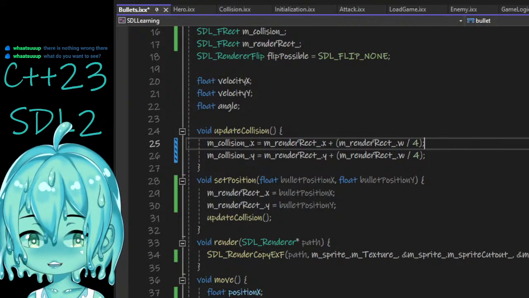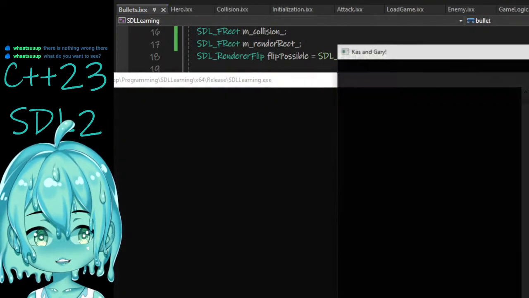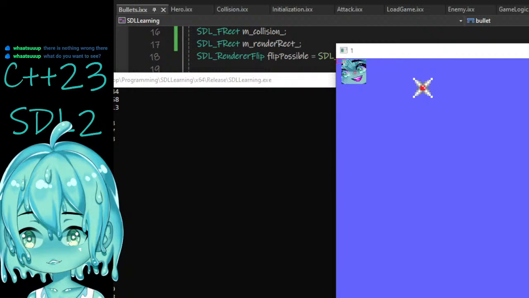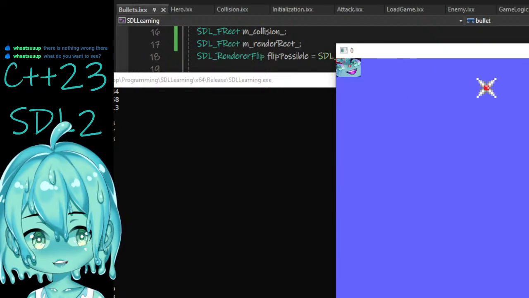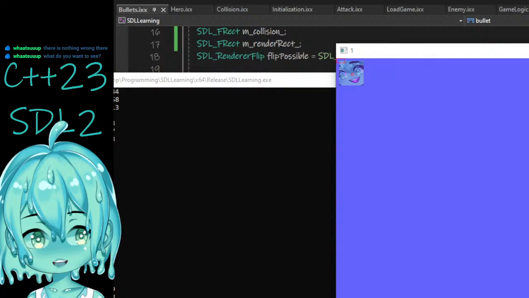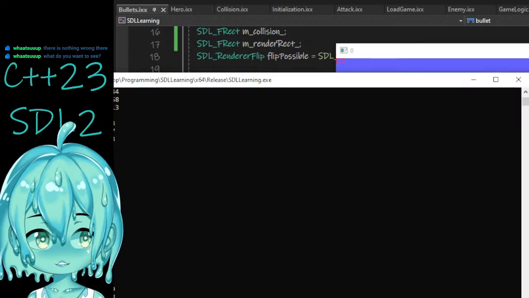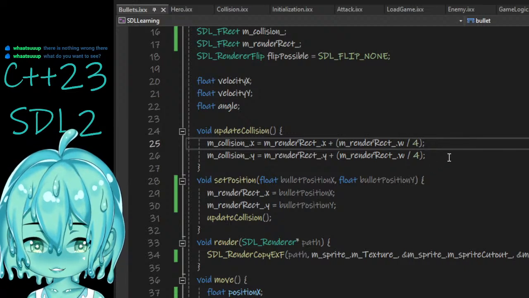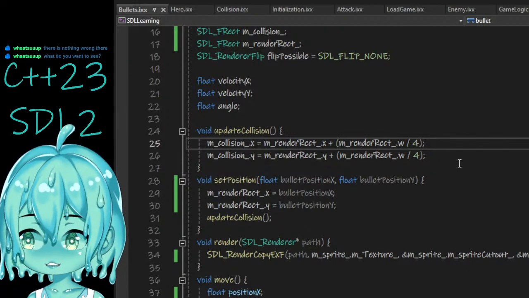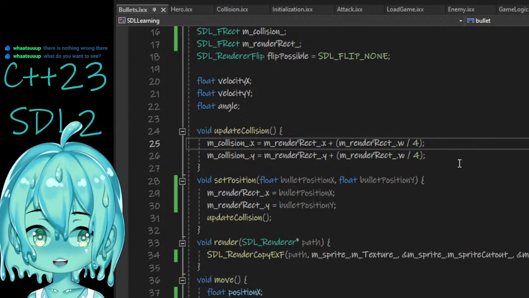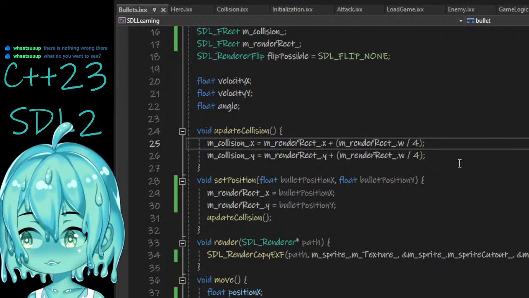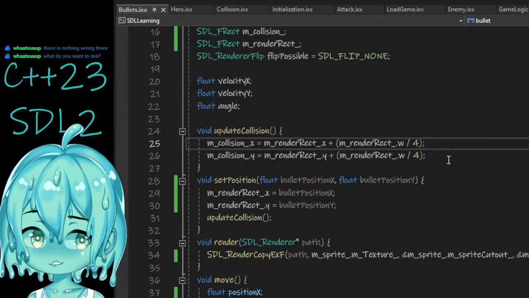What do you want to see? Well, I don't know how well you guys can see it, but there's a little red box in the corner up here. When I hit it, my character goes transparent. The problem is that little box shouldn't be there. It should be following every instance of the bullet, and it doesn't. It seems like all of the collision boxes have the same X and Y value, which is 0. That doesn't seem correct.